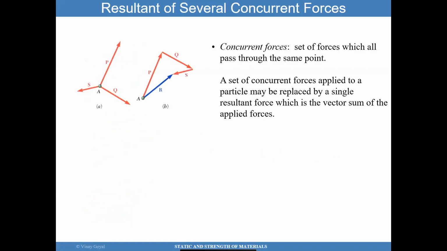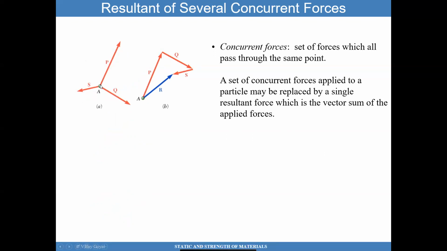What are concurrent forces? That's another concept that you'll encounter in statics. It's a set of forces which all pass through the same point. Here, vectors S, P, and Q pass through point A. That's a concurrent set of forces. And so these forces can be applied to a single particle.